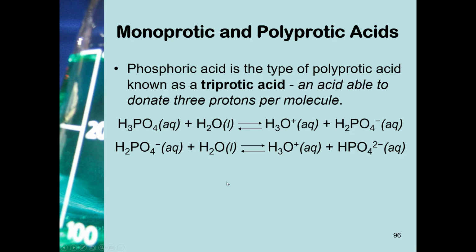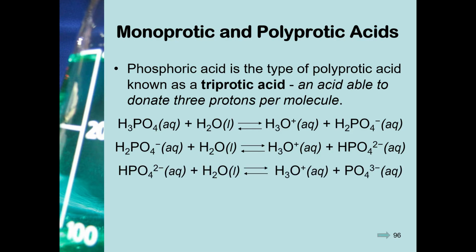Along the way, as this number increases, there'll be more of those combining with hydronium ions to form this particular ion. Then in the final phase, there will be a few of these that we have over here again that can ionize in the third stage to form a few more hydronium ions, and finally leaving a phosphate ion at the very end.